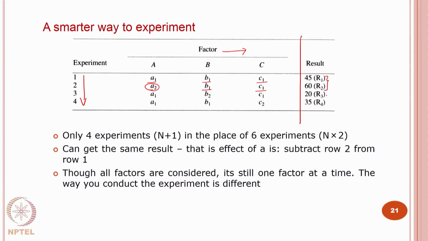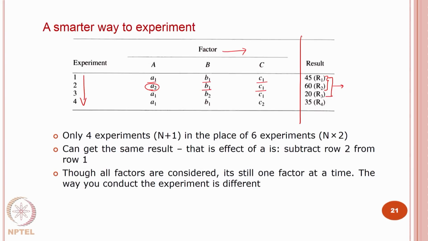If I am worried about B, then I have to do this guy and this guy. That difference, 45 minus 20, will give me the effect of B. Similarly, for C, I have to do 35 minus 45, that will give me the effect of C. Imran, is that clear? Okay. Everything else remains the same, I am changing a particular factor so that I get the effect of that factor.